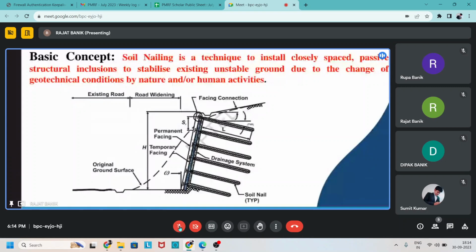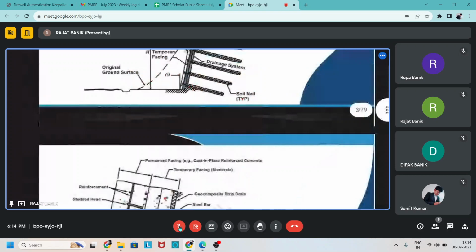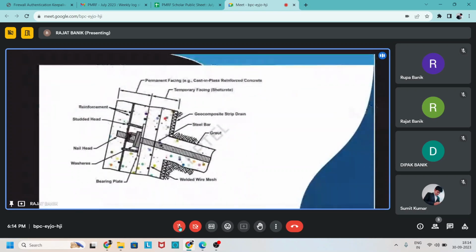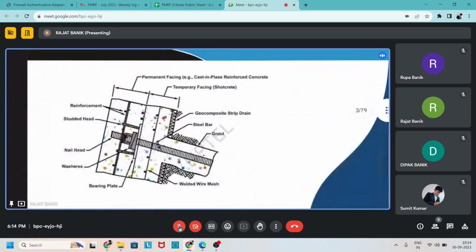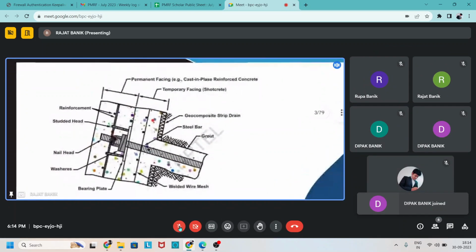This way we improve our slope. In the next slide, you see the connection of the soil nailing. There is one schematic diagram showing the connection of the soil nailing.